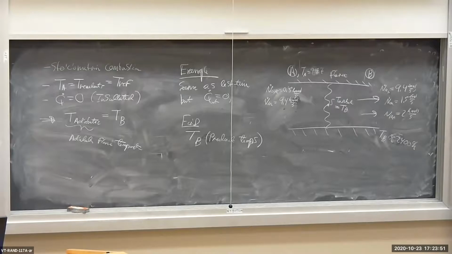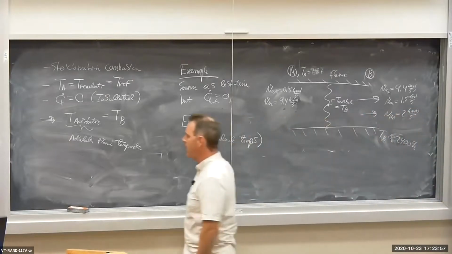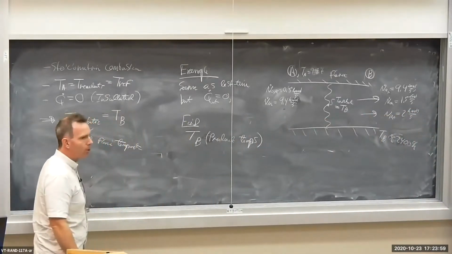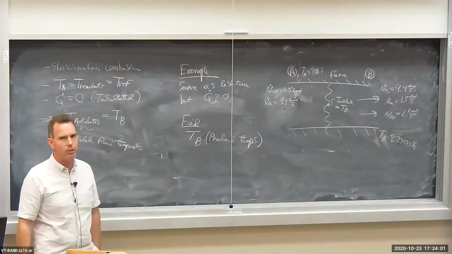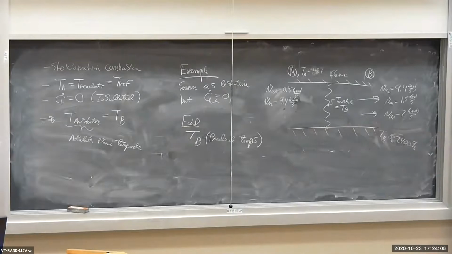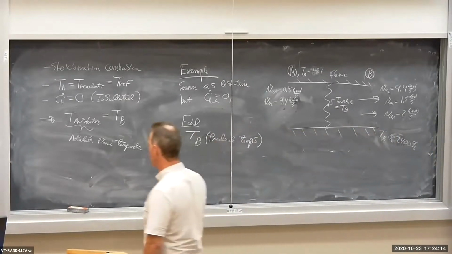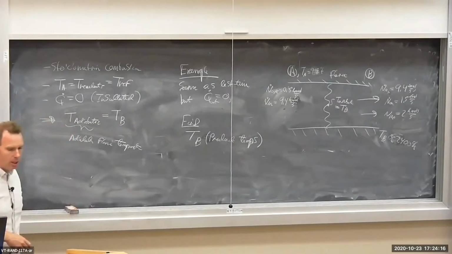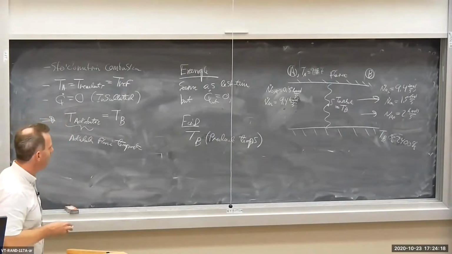But the adiabatic flame temperature is a good rule of thumb, a good approximation for how hot the exhaust is under stoichiometric conditions, complete combustion, where the inlet is at the reference state. It gives a good idea of what the flame temperature is. Not exact. In real life, the actual measured temperature will be a little bit lower, for reasons I don't want to go into.